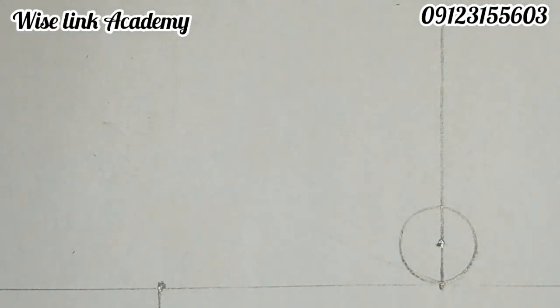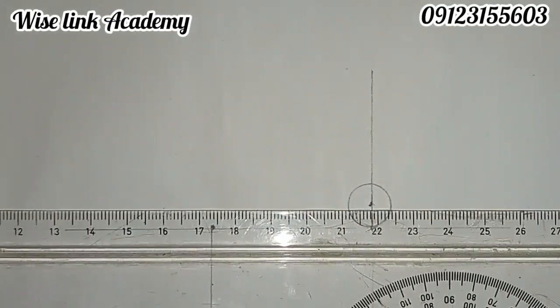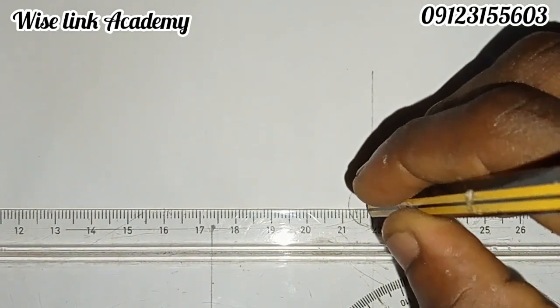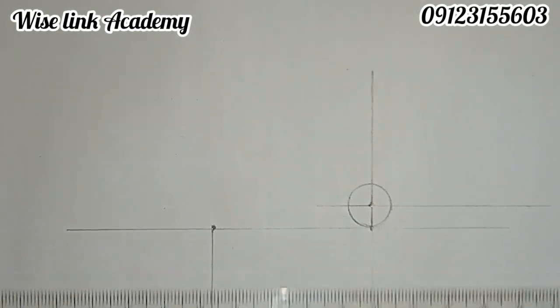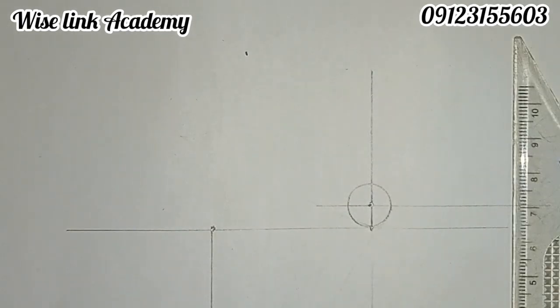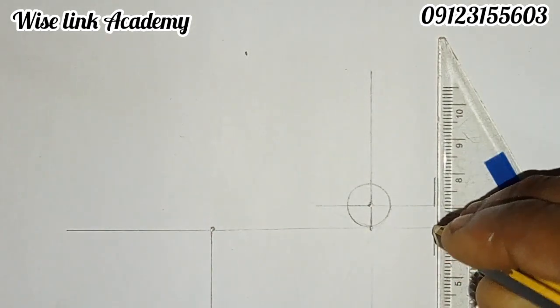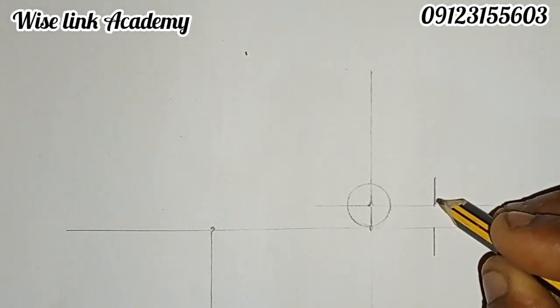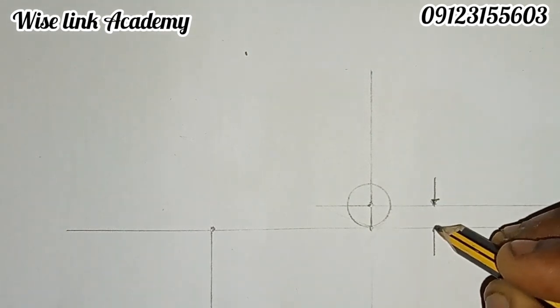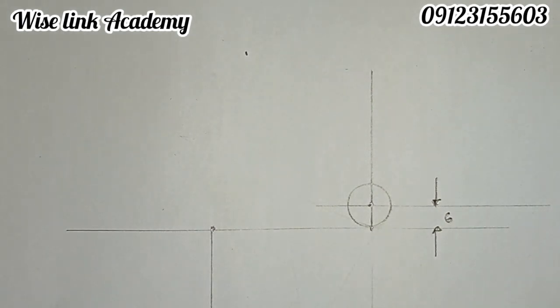Take your set square. Take it like this, at that point. You can see we have done that. You can just take measurement like this from here to here. Just indicate it. It's 6. So I've done that, isn't it?